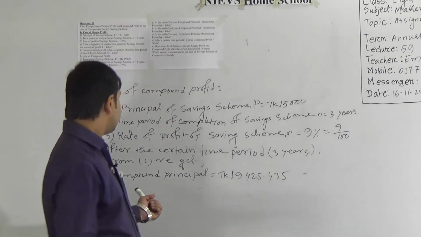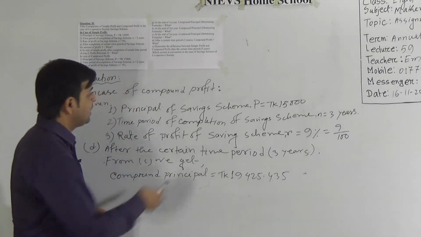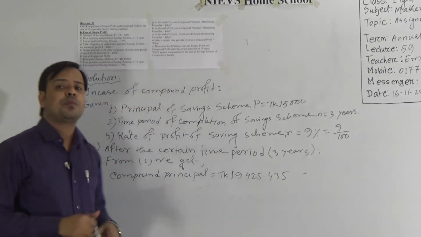Okay. Now, as this is the compound principal, if we subtract the principal, it means 15,000 taka, from this we'll get the compound profit.